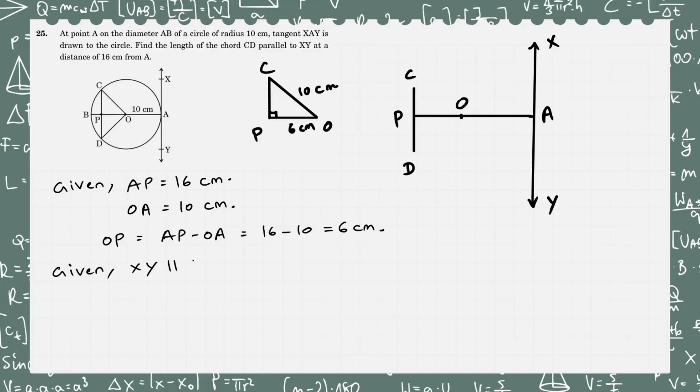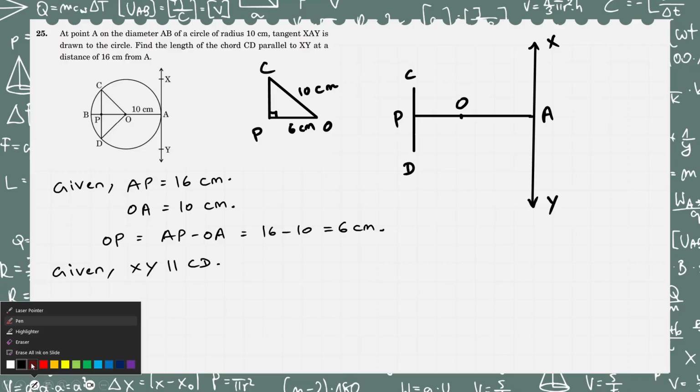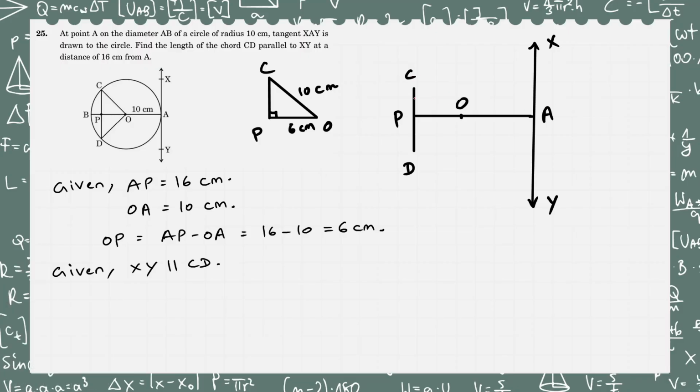XY parallel to CD. Okay, so look at the second picture I have drawn here, this one. Okay, we need to understand something here. When CD and XY are parallel to each other, AP is a transversal which is touching both the parallel lines, right?